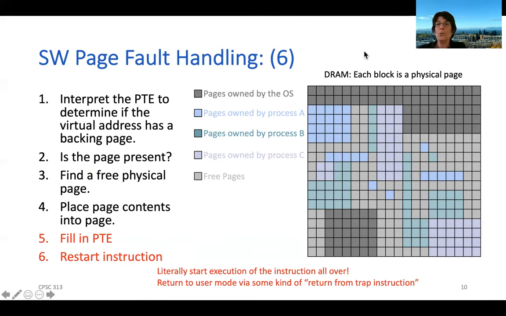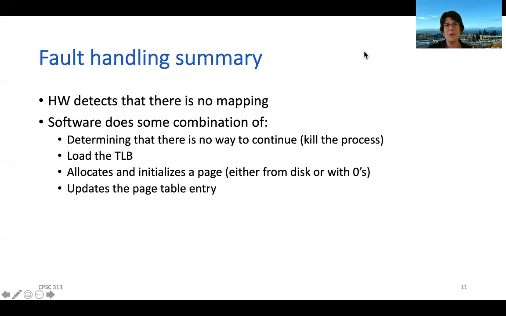And I quite literally restart the instruction because that instruction couldn't do anything, because it couldn't access the data because it wasn't there. But if I run that instruction again, now the data's there, life should be good. So that's how we handle these faults that the hardware tells us about when it can't do the translation.